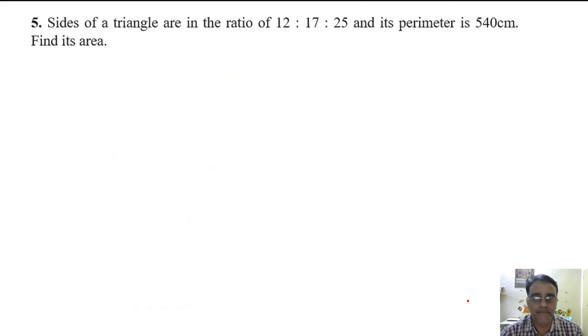No, sir. Okay. So now this is a different type of question. Sides of triangle are given in the ratio, and its perimeter is given. Okay, its perimeter is given as 540 centimeter. So how will you write the sides if the ratio is given?